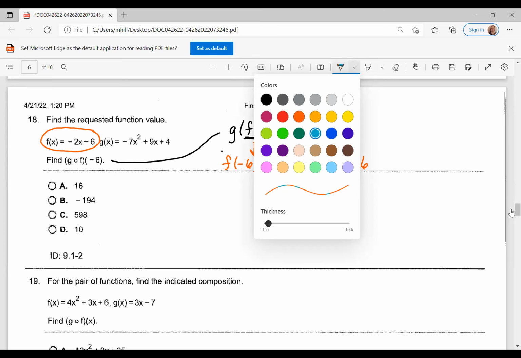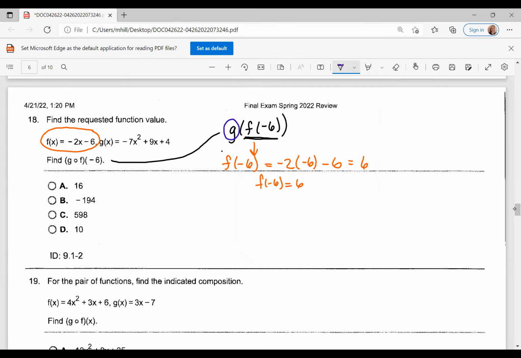Next thing I'm going to do is go to the G part of this. I'm working outwards. So G, now keep in mind that we know what f of -6 is. F of -6 is 6. So we're plugging that in to G. So G is -7.